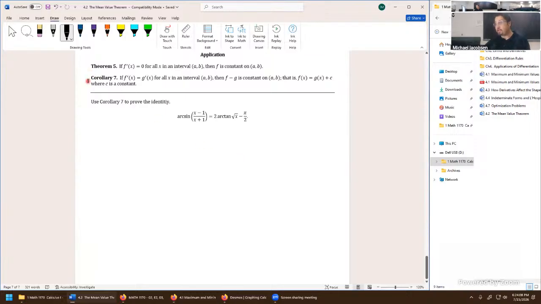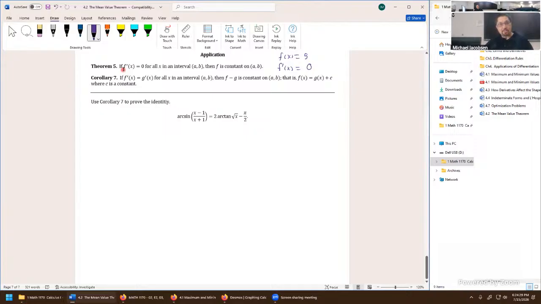Theorem 5, it's corollary 7. Theorem 5 says if the derivative is 0 for all x in an interval, then your function is constant. We usually start off like this. If f of x is 5, it's a constant function, then the derivative of f at x is 0, and that'd be 0 for all values in the domain.